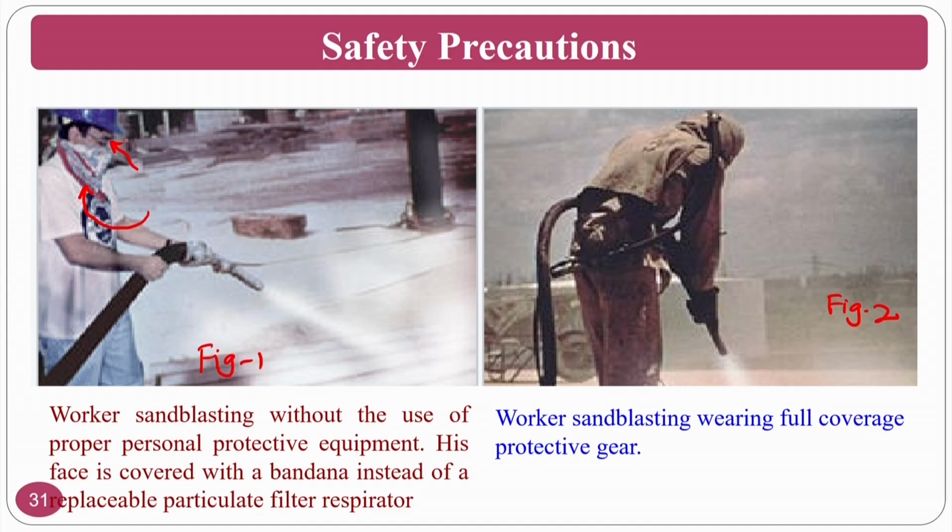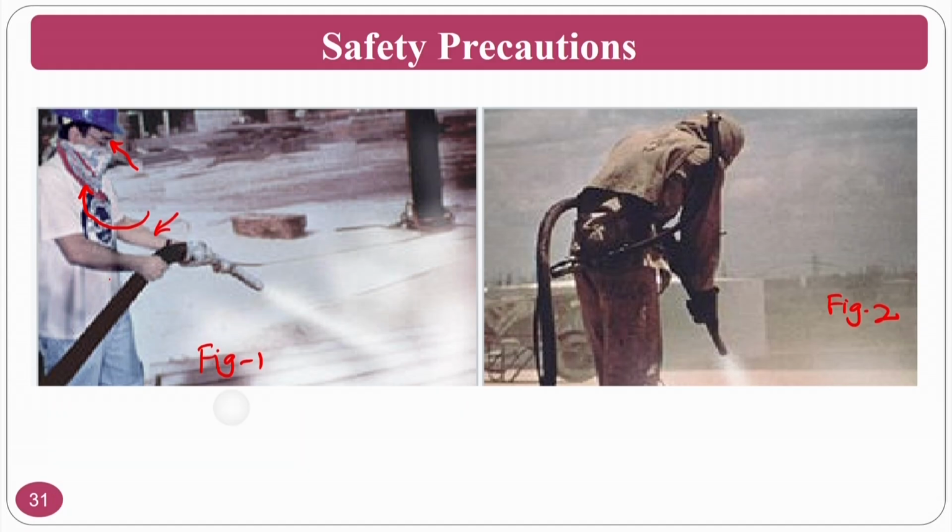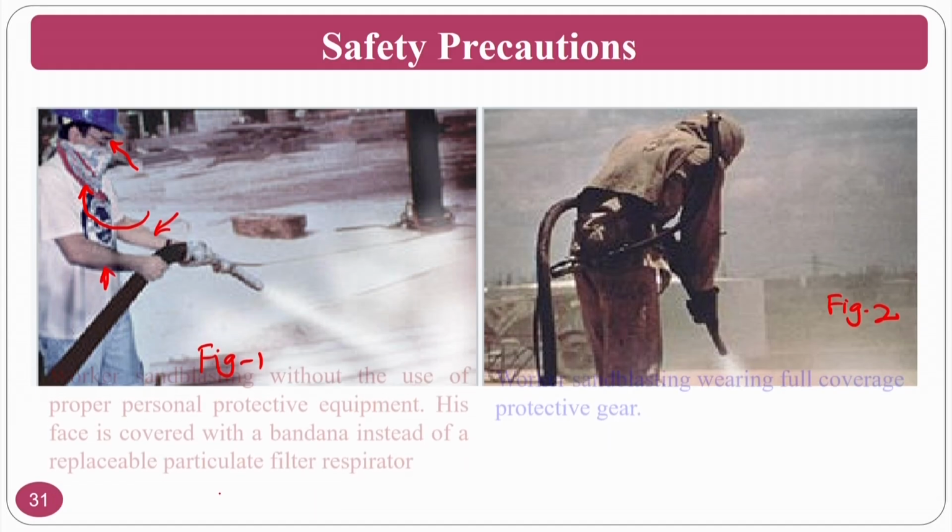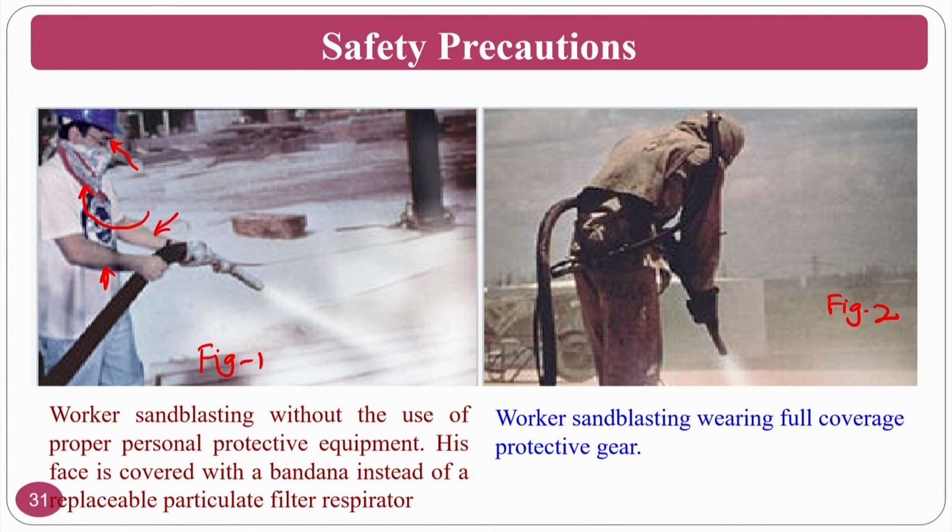This may also fall on the hands. Since the velocity of this particulate matter is very high, it may damage the hand and wherever the exposure is. That is why you should always give proper apron, gloves, mask and other things to the operator, so that people will save their lives and be healthy and work more and more for the company.